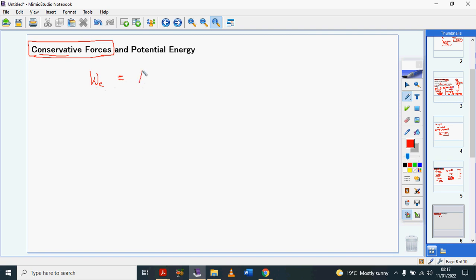We know the net work done is going to lead to a change in an object's kinetic energy. So if all the work is done by conservative forces, this net work done will be work done by conservative forces.